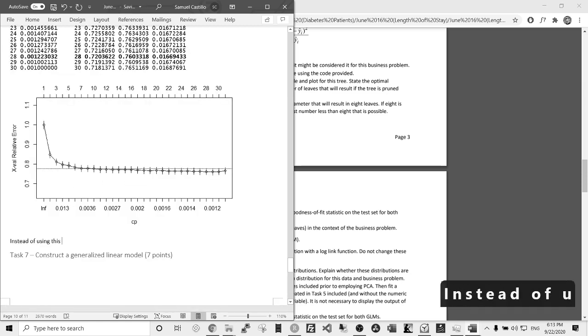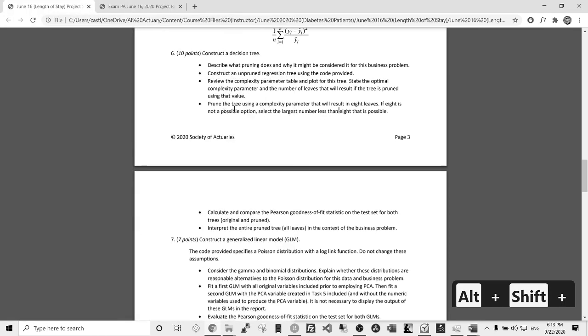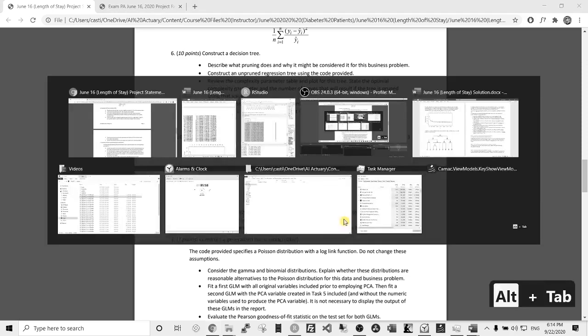Instead of using this minimum CP value, I chose to use 0.00356 because it has a tree which uses only 8 nodes. Okay, what's the next part? Calculate and compare the Pearson goodness of fit statistic on the test set for both trees, original and pruned.